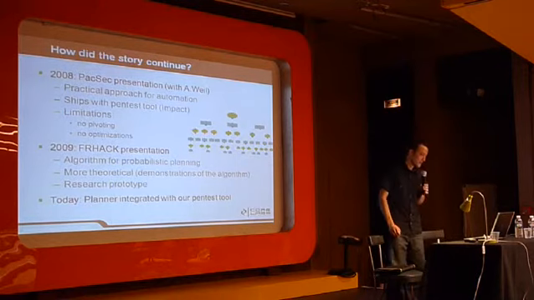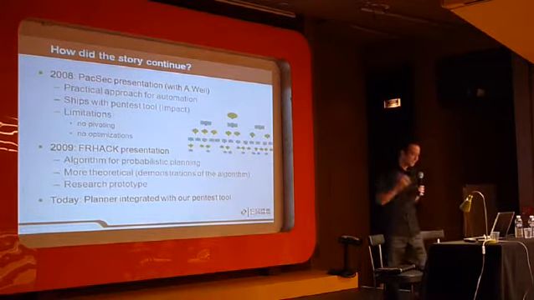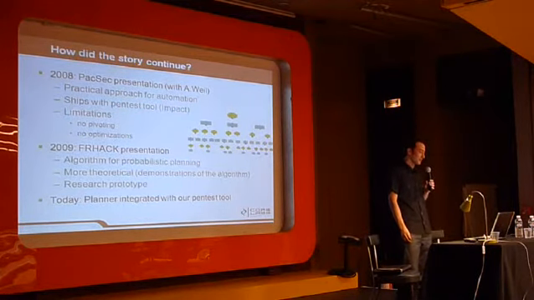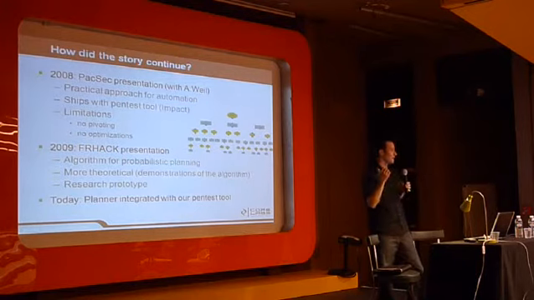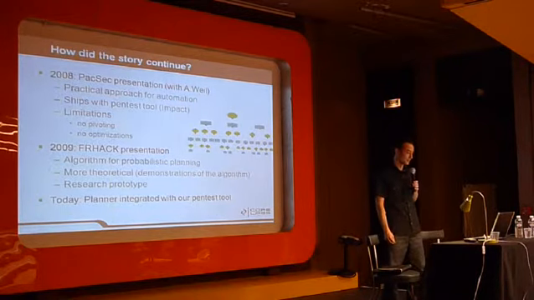And so how did the story continue? What we have already presented with Alejandro Way in Impacted was a practical approach that is actually implemented in Impact, the Pentesting tool that our company does.